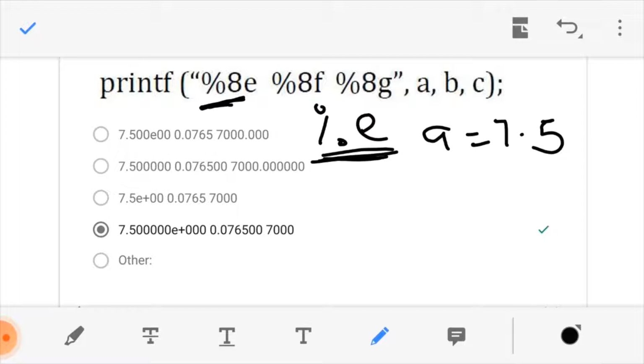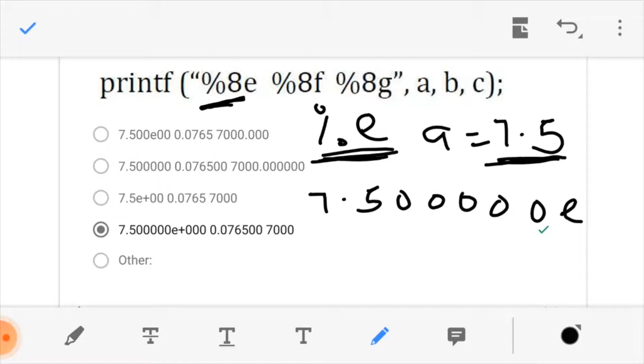So when I give the initialization of A in the %e format, I would have 7.500000, which will satisfy it, and then my exponent. But see here, it's already 7.5, so we didn't move to the front, we didn't move to the back, so e+000.